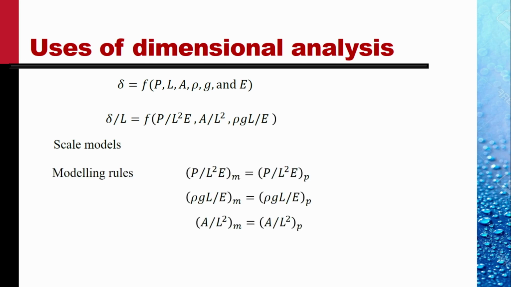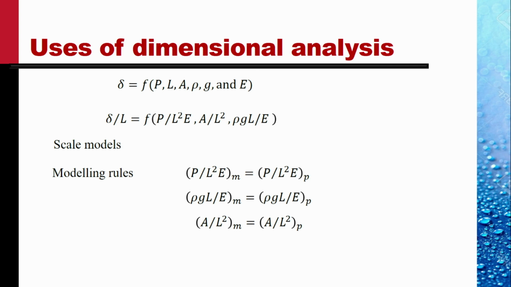Modeling rules. When we make scale models, all we have to ensure for similarity is that the values of these 3 non-dimensional groups match between model and prototype. Thus, the first group, P divided by L square E, must have the same value in the model as in the prototype.